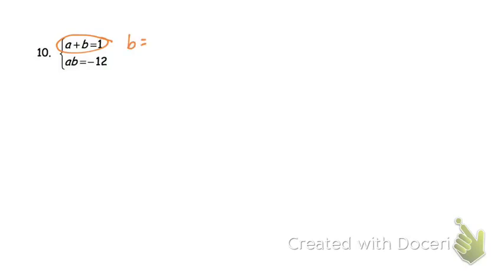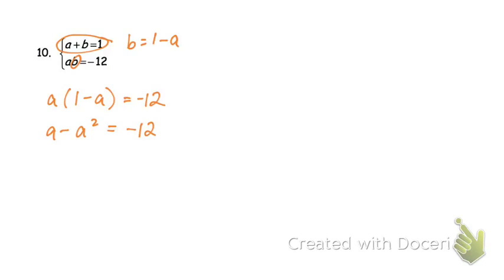So b equals 1 minus a. I plug that in here: a times (1 minus a) equals negative 12. So a minus a squared equals negative 12.